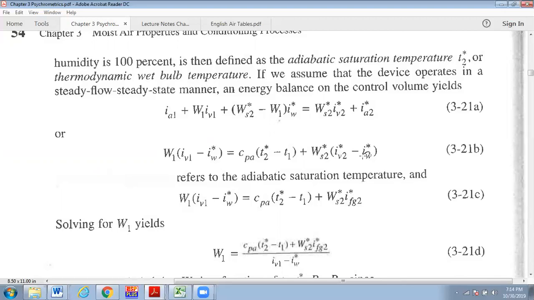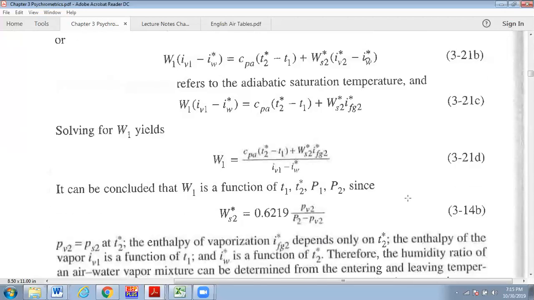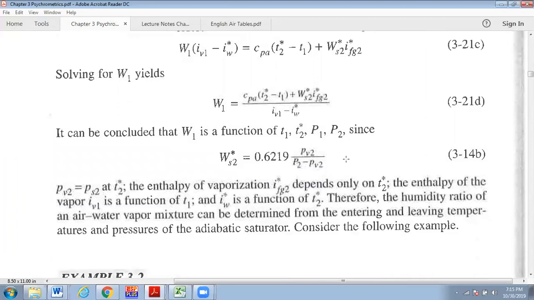But this is saturated vapor and this is saturated liquid, so that's the enthalpy of vaporization. These two terms are by definition this, and that's the middle term when you look at the enthalpy chart. It's usually tabulated for you. So there you have it, a very handy little relation to use.